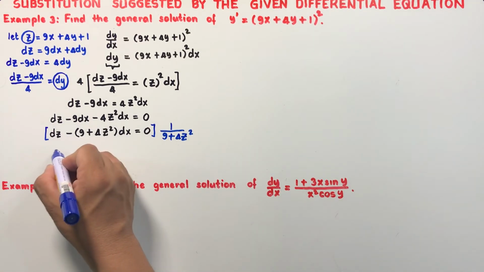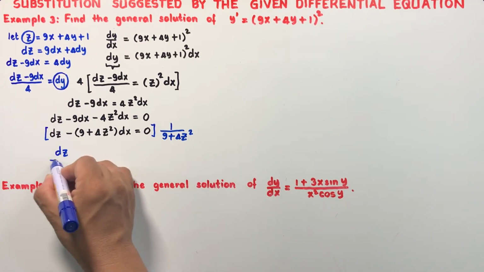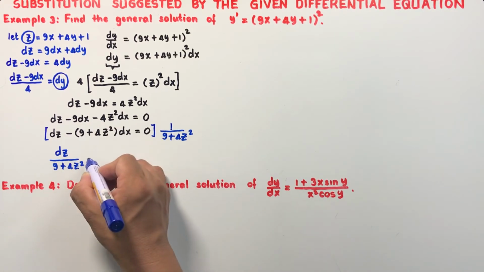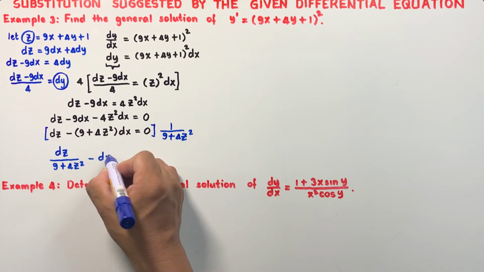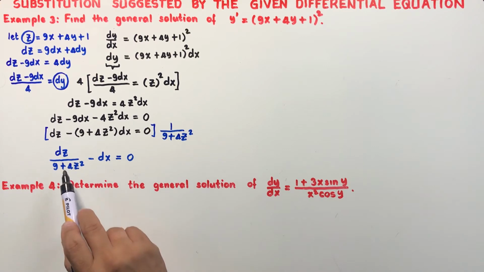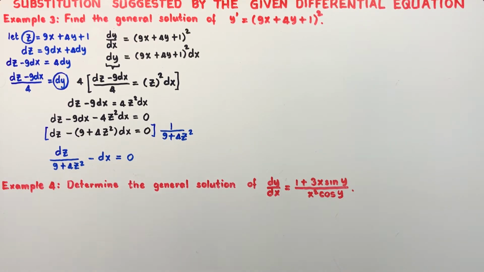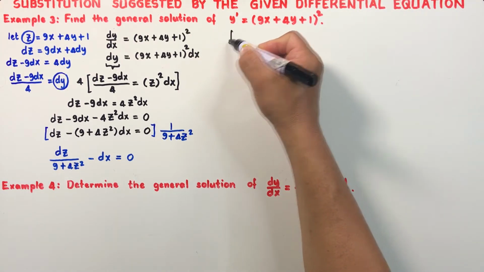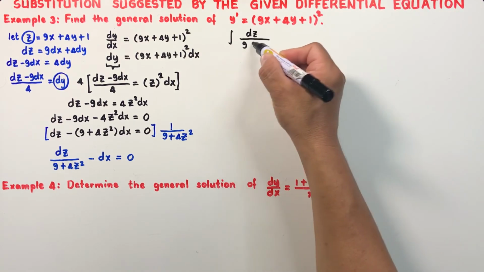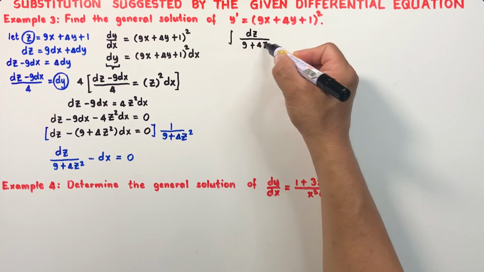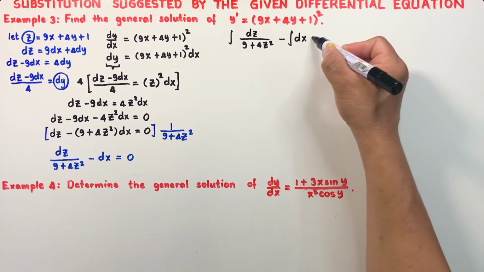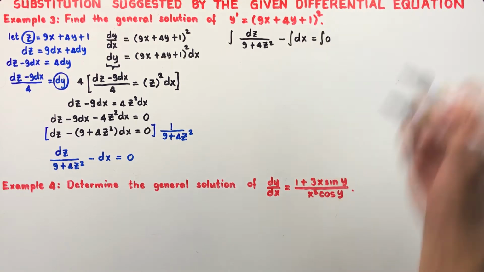So we have dz over 9 plus 4z squared minus dx, which is equal to 0. And integrating each term in this equation, we have the integral of dz over 9 plus 4z squared minus the integral of dx, which is equal to the integral of 0 here.